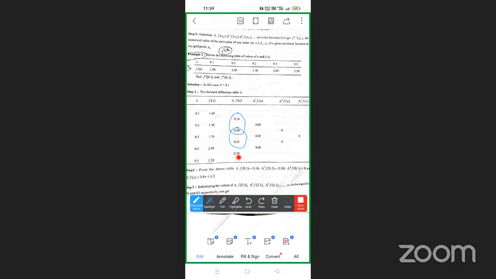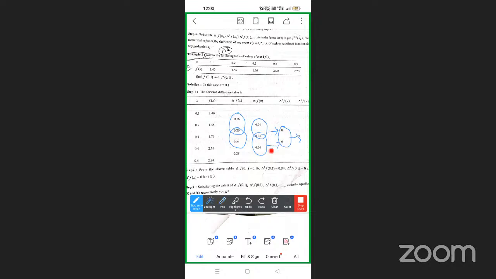Same here: 0.28 minus 0.24 is 0.04. So these are the second differences. Next, the third differences: the difference between these two is 0, here also 0. Then the fourth difference, 0 minus 0, is 0. So this is the forward difference table.